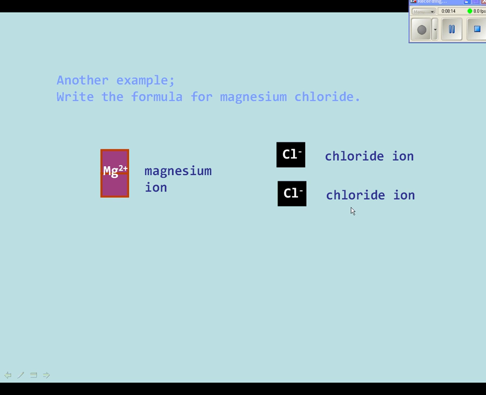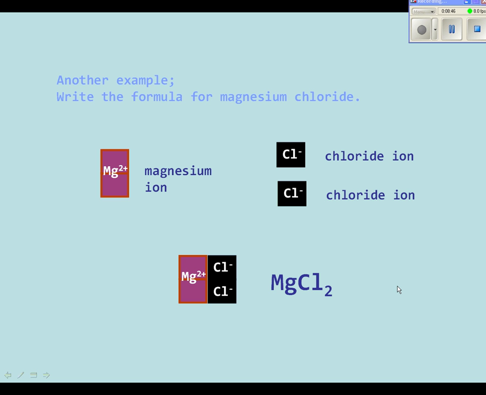So we would need 2 chloride ions to get the same amount of negative charge to balance out the positive charge on 1 magnesium ion, which means that when 1 magnesium ion is combined with 2 chloride ions, we have a balancing of charge. The resultant charge on this compound would be 0, 2 positives with 2 negatives. So the formula for magnesium chloride would be written like so, MgCl2, showing 2 separate chloride ions.